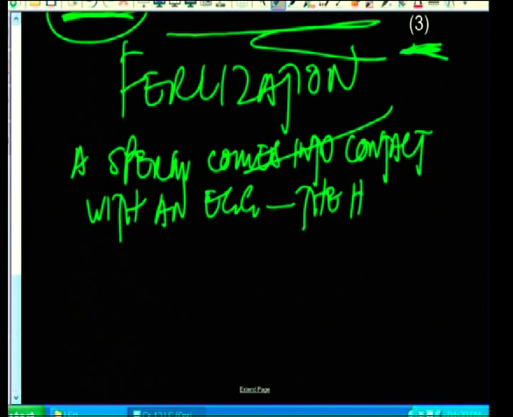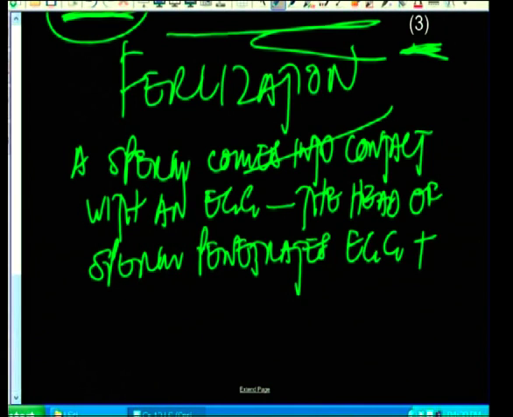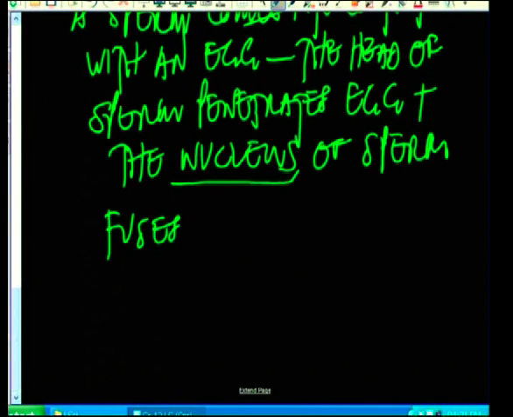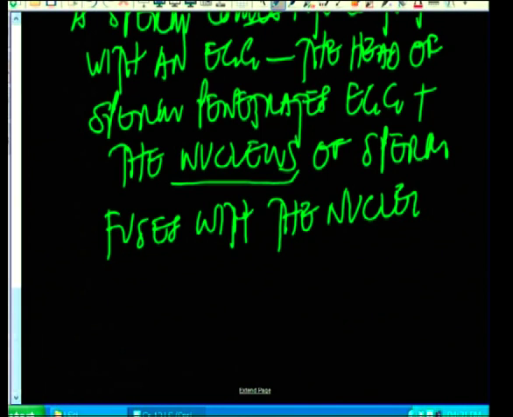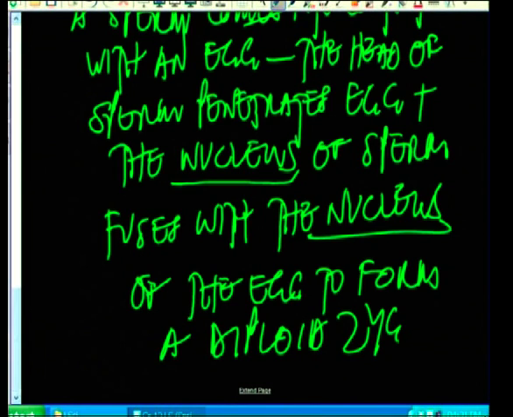The head of the sperm penetrates the egg and the nucleus, this is the important part here, the nucleus of the sperm fuses with the nucleus of the egg to form a diploid zygote.